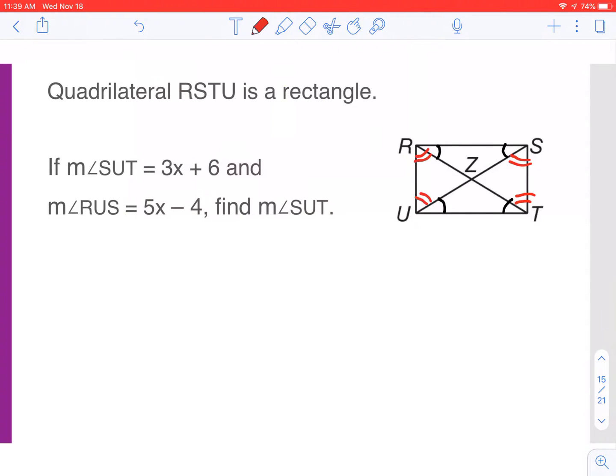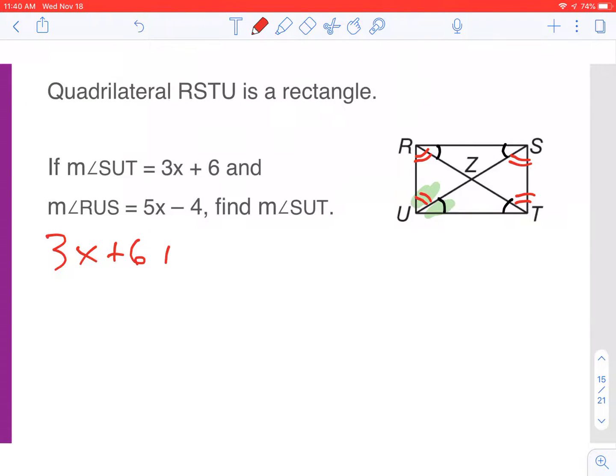SUT is 3x and RUS. Find angle SUT. Well, check this out. I'm going to highlight these. Here's SUT. Here's RUS. What do those 2 angles add up to? Those 2 angles in a rectangle will add up to 90.